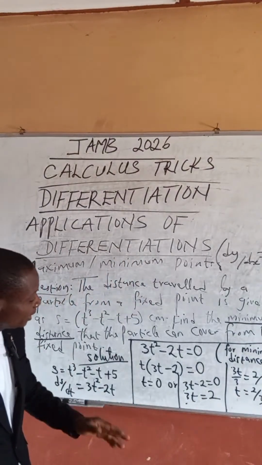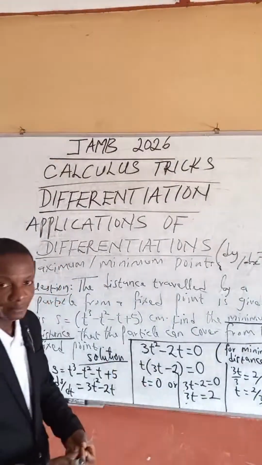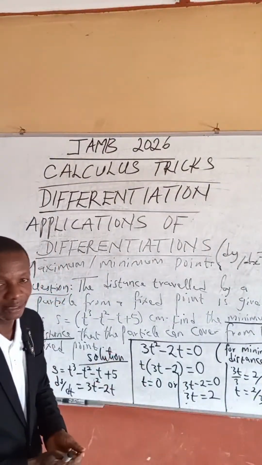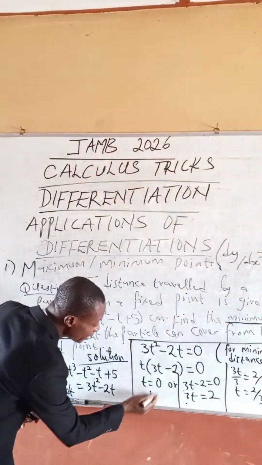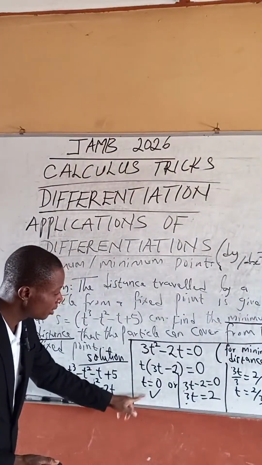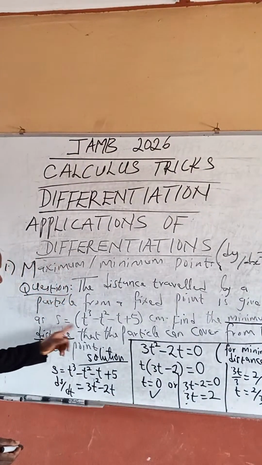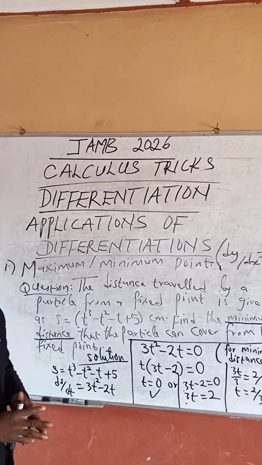It is when t is 0. When you have the minimum time, that's where you have the minimum distance. So it's when t is 0. Now take this one here and substitute this into this. Then we are going to get the minimum distance.